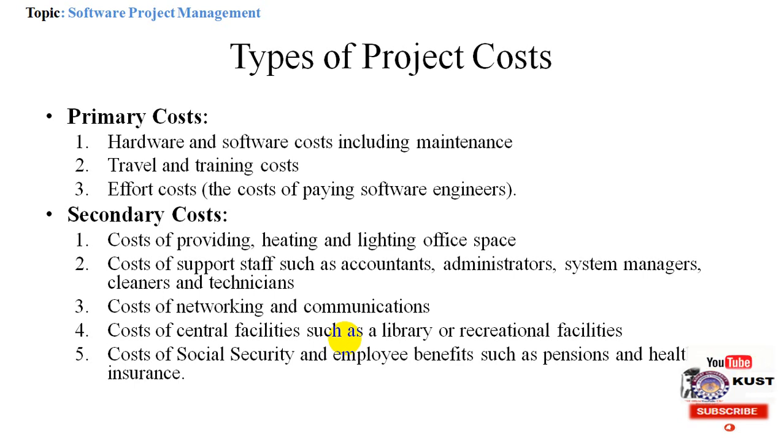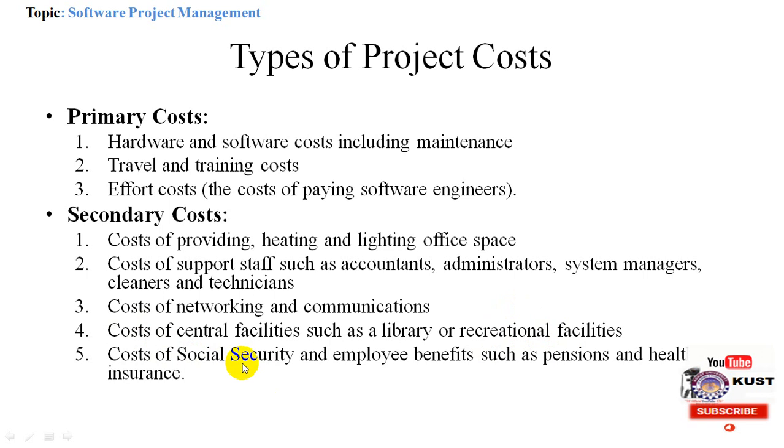For example, programming books, database management books, and networking books. So we can consult these books to take help from them, and we can do proper development. We also have recreational facilities such as tea parties and breakfast, etc. So recreational facilities should also be included here.